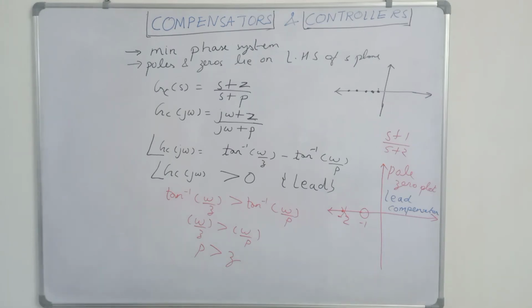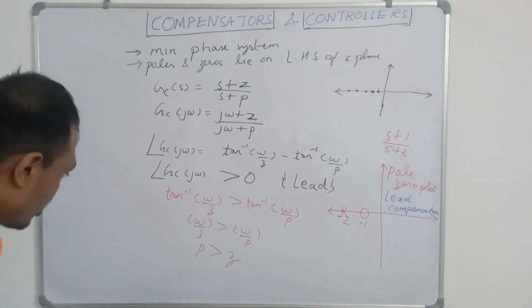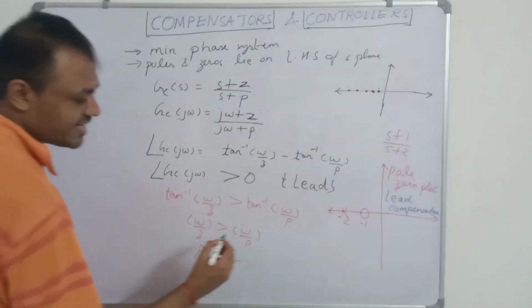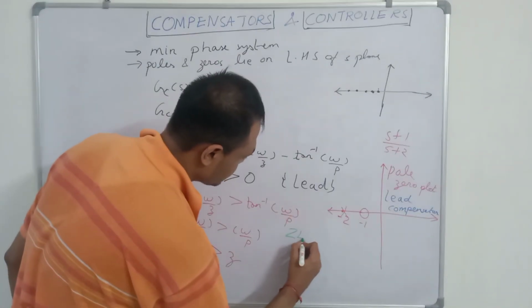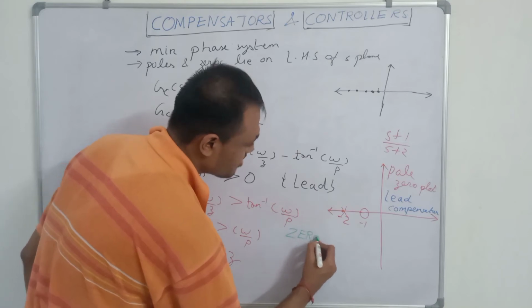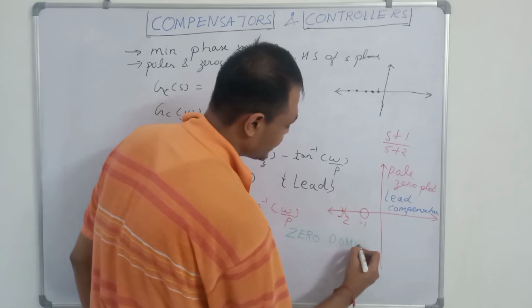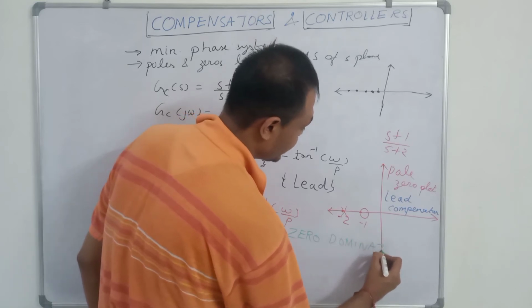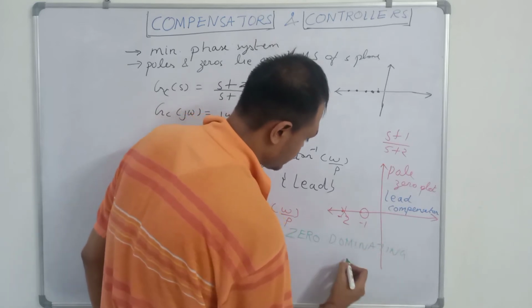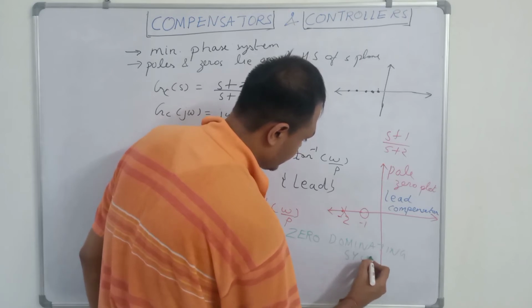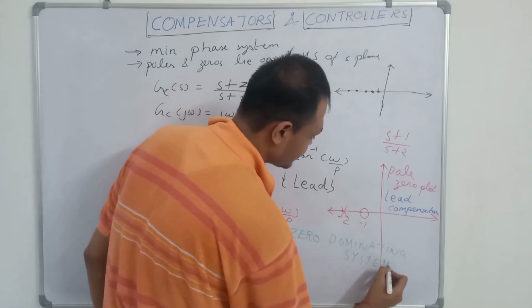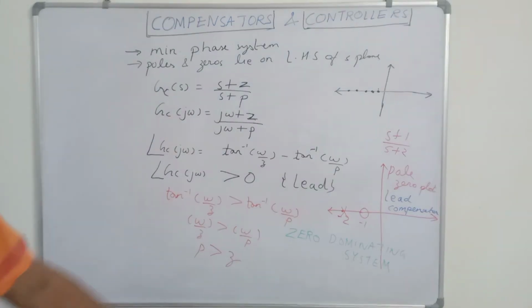It is also called a zero dominating system because the zero is closer to the origin. So the lead compensator is also called a zero dominating system.